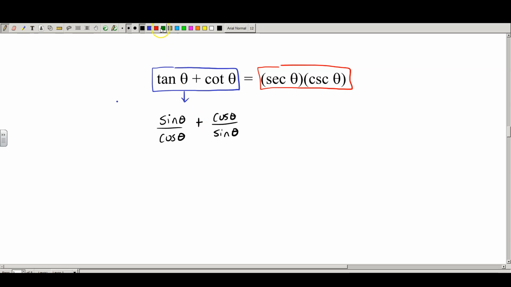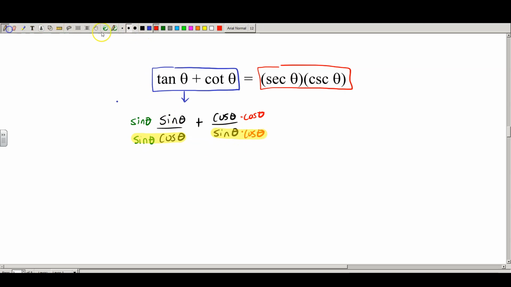So if I want to add these fractions, I would need a common denominator. So on this left-hand side, I would have to multiply by sine theta. And on the right fraction, I would multiply by cosine theta. Right? So now I have a common denominator. I got sine, cosine as my denominator.